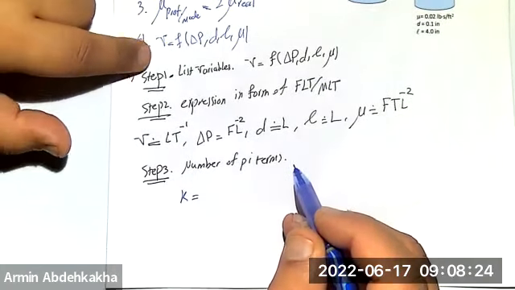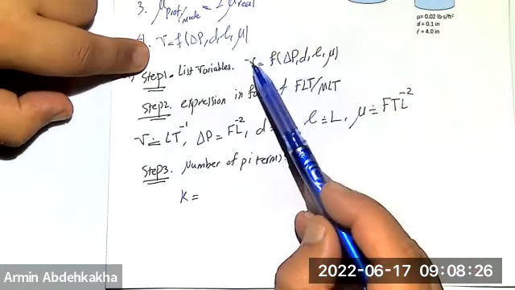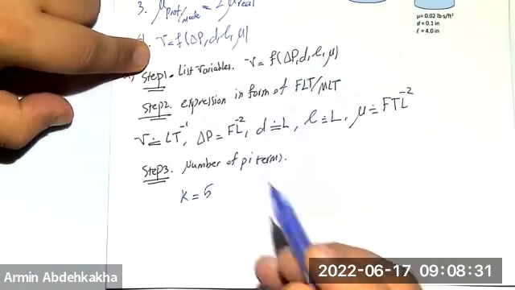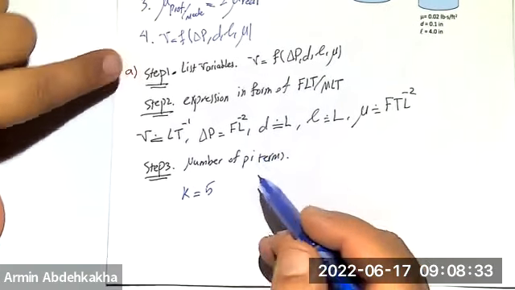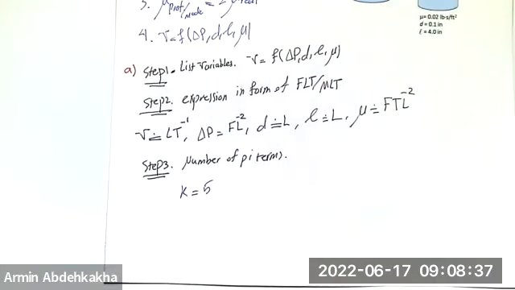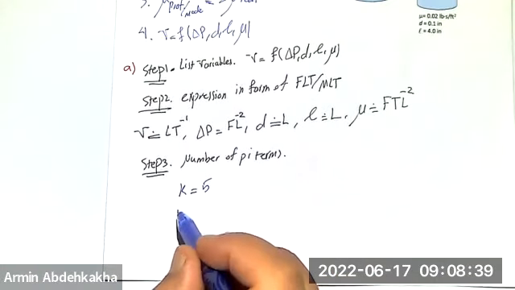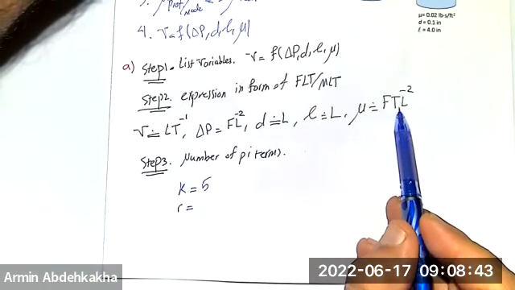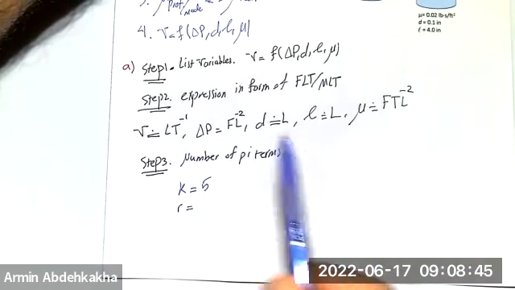K means the number of variables, right? 1, 2, 3, 4, and 5. So K is going to be 5. The second one is R. How many reference units do you have? You have F, T, and L, right?